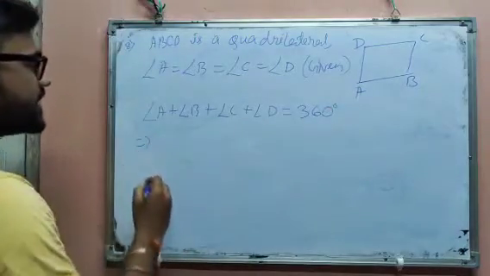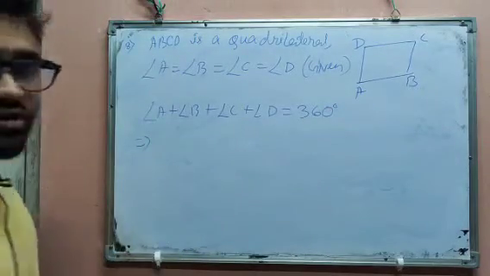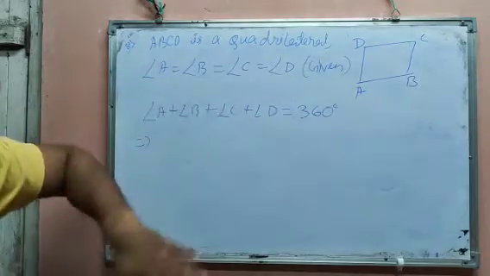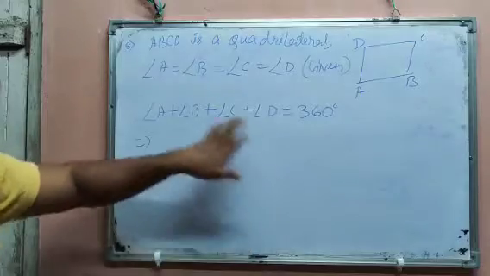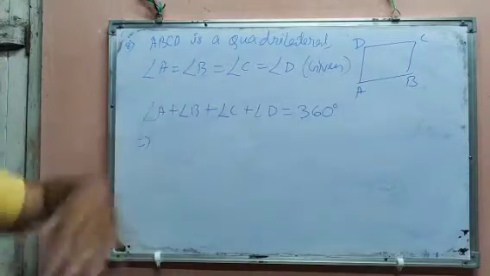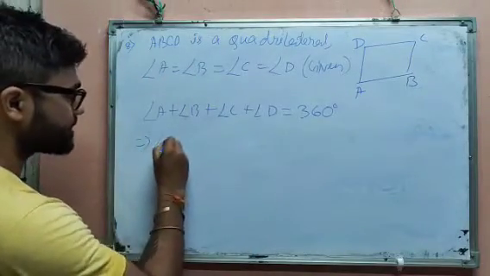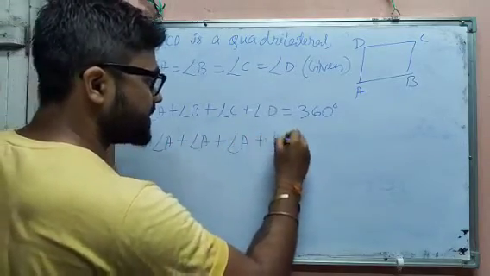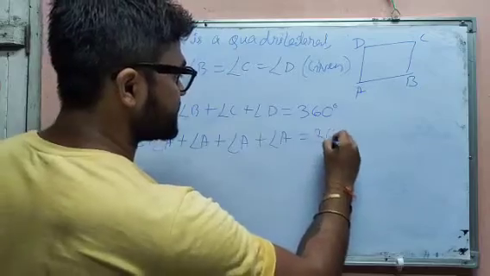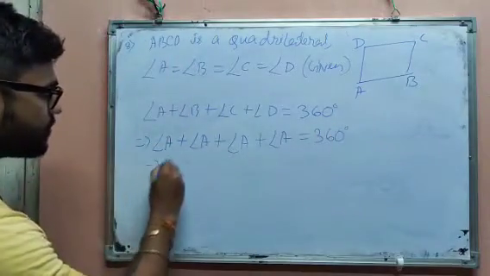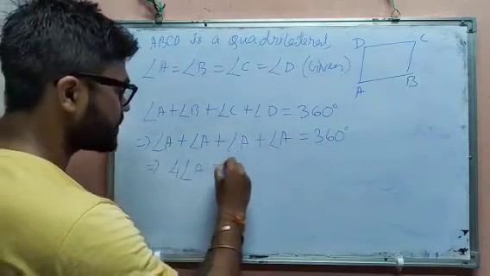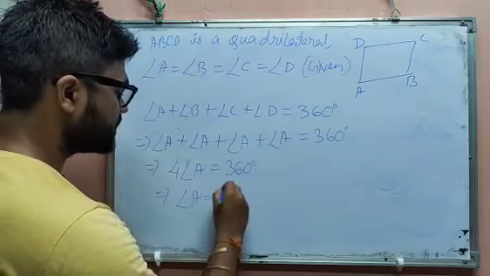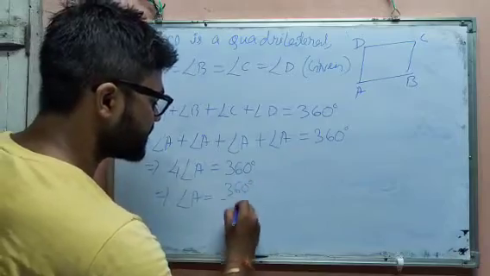Or angle A value is what? We don't know the value. We need to find it. Therefore, since all the angles are equal, in place of B, C and D, we are going to put only A. So angle A plus angle A plus angle A plus angle A equal to 360 degree, or 4 of angle A equal to 360 degree, or angle A equal to 360 degree divided by 4.